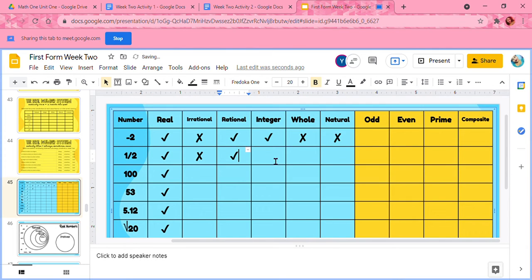Is half an integer? No, it's not. Is it a whole number? No, it's not. Is it a natural number? No, it's not. Okay, very good.